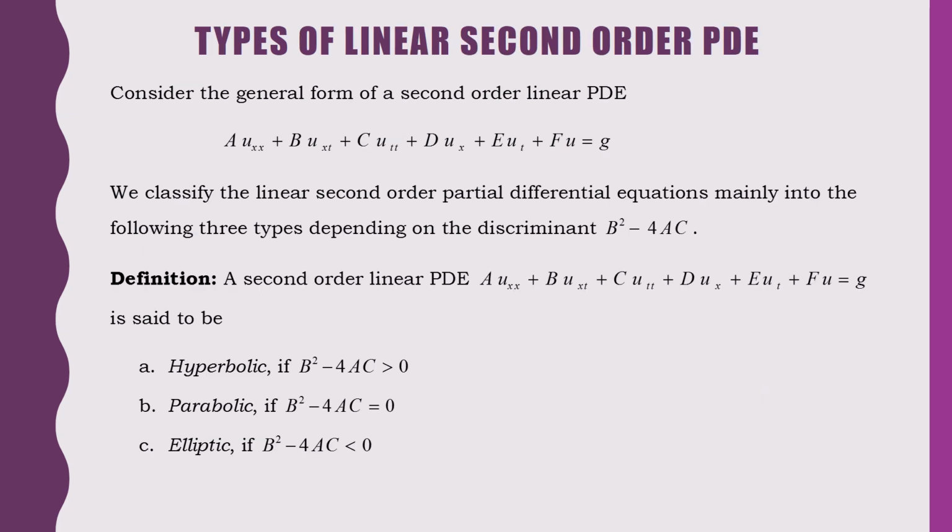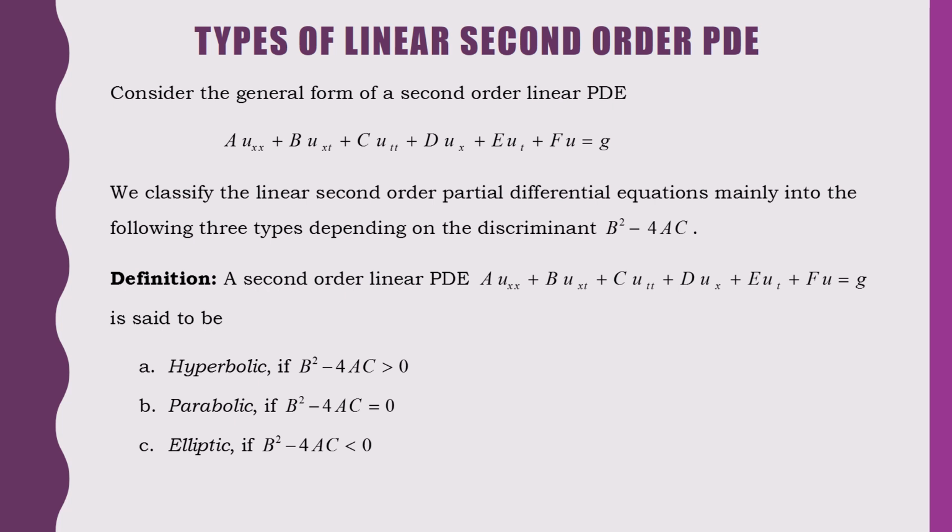So far, we have classified second order linear PDEs into two types: homogeneous linear PDEs and non-homogeneous second order linear PDEs. Now, we are going to classify second order linear PDEs again.